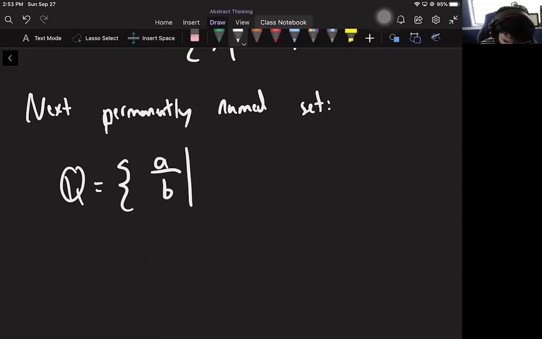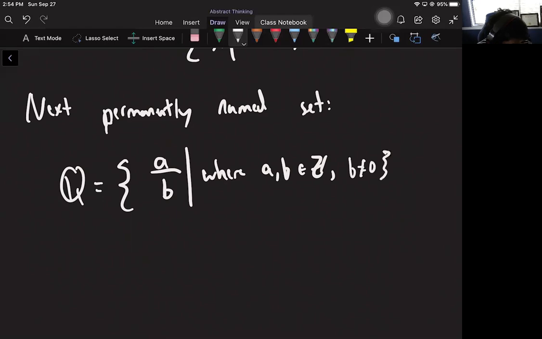So it's numbers of the form a over b, where a and b are both integers. So it has to be able to be written as an integer over another integer, and b cannot be 0. So this is the set of rational numbers.